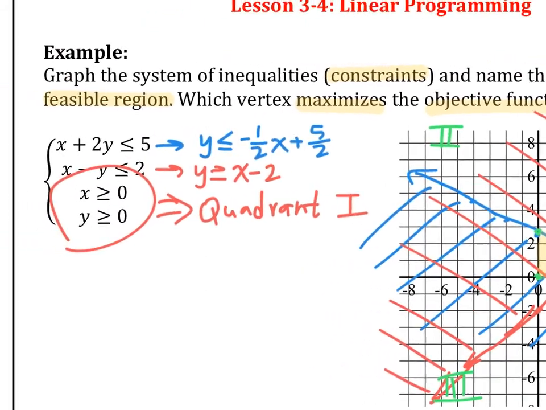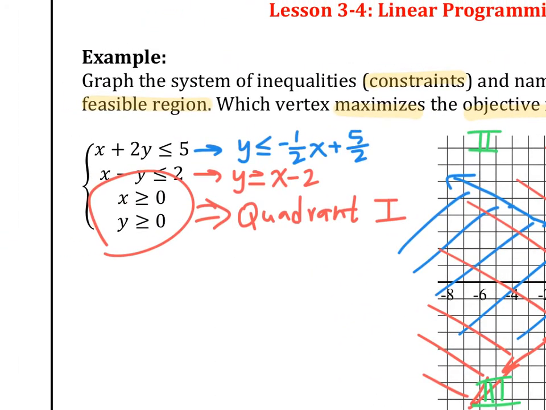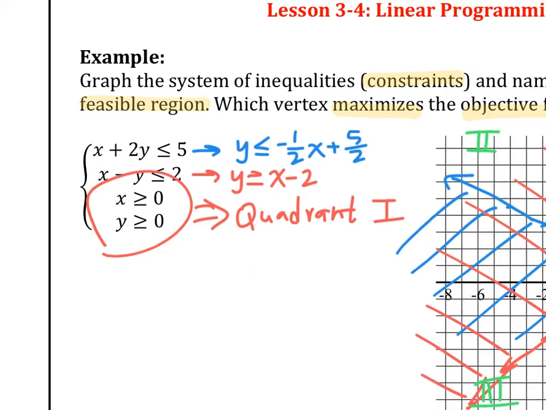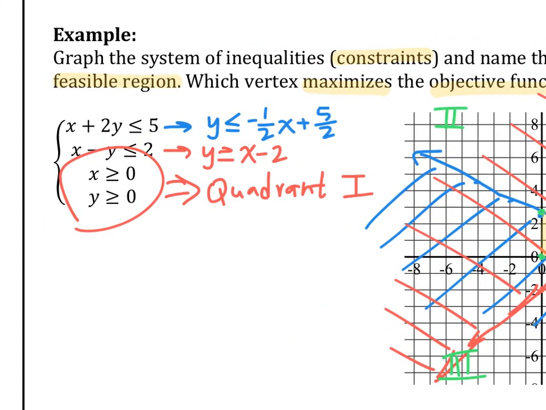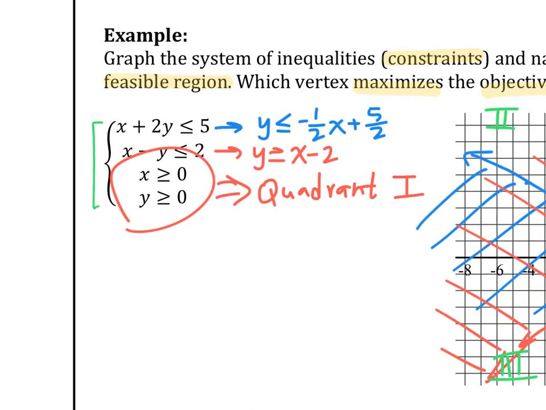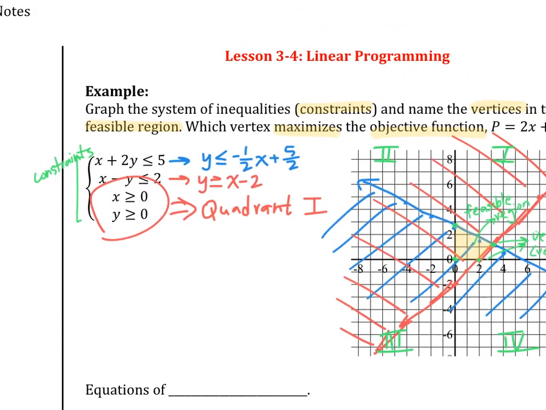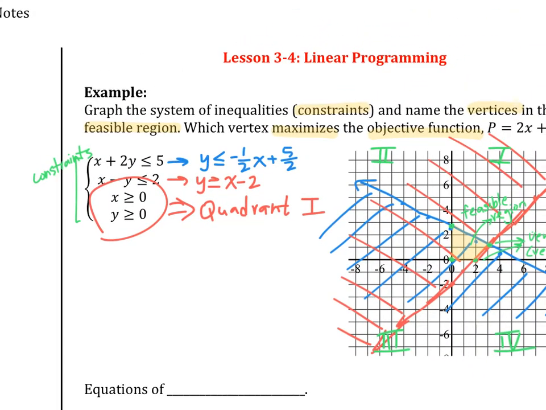Then constraints. Constraints is just what is constraining this region, what is creating constraints on this 2D region. So the constraints are what we call the inequalities. And then the last part, or actually two more, objective function.